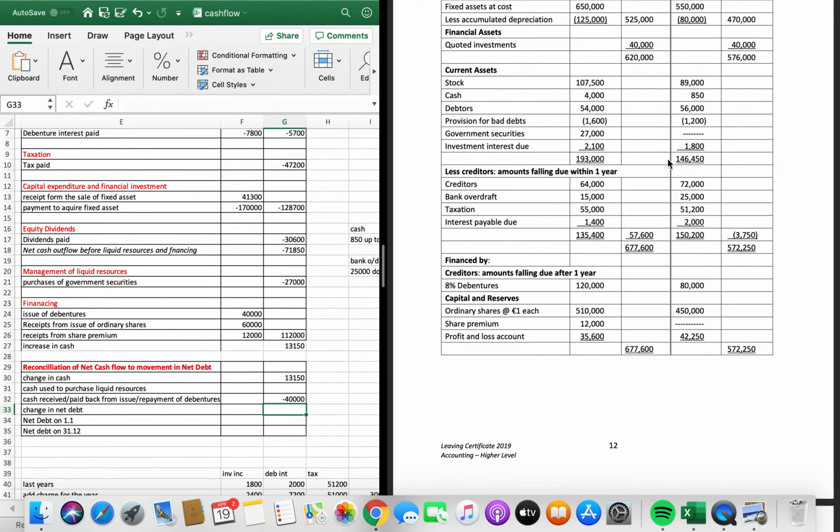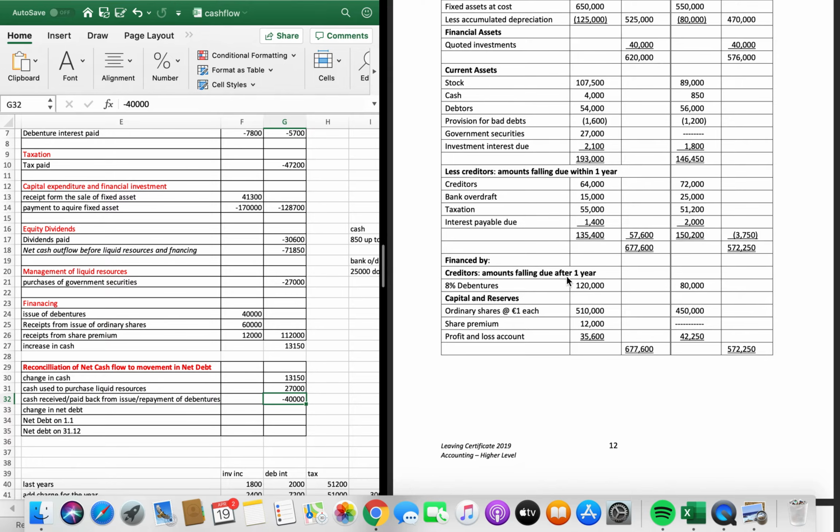Now, our loans, so money we've loaned out, we have loaned the government 27,000. So our positives have gone from 0 to 27,000. So we are owed 27,000 by the government. We owe 120,000, or minus 80 to 120, which is an increase in our borrowings of minus 40,000.